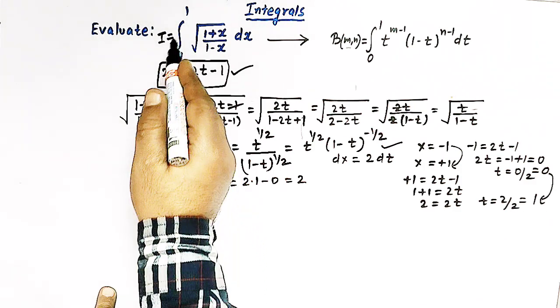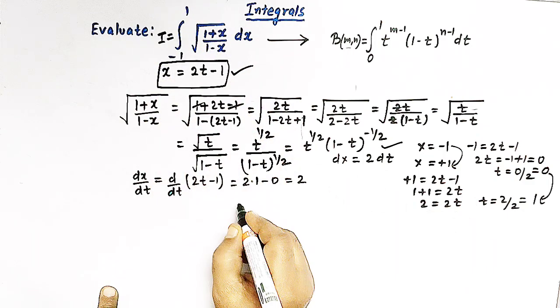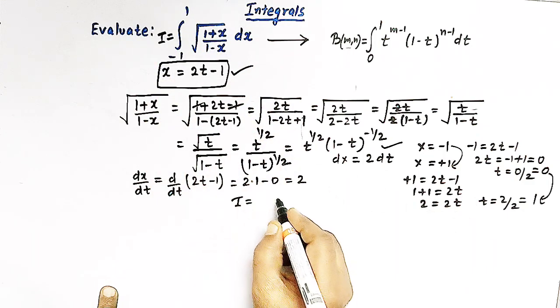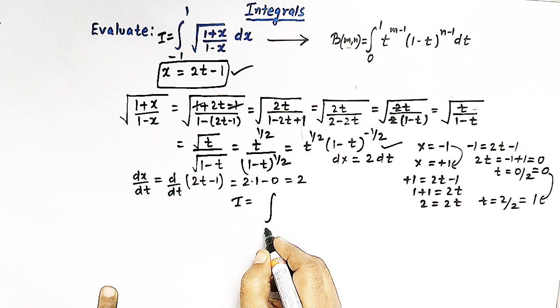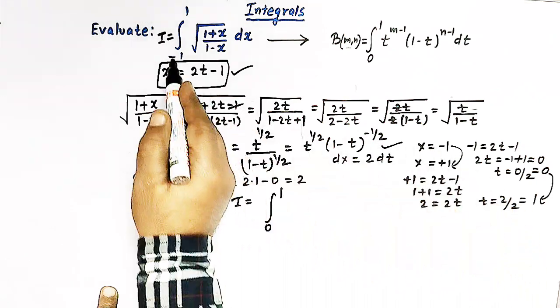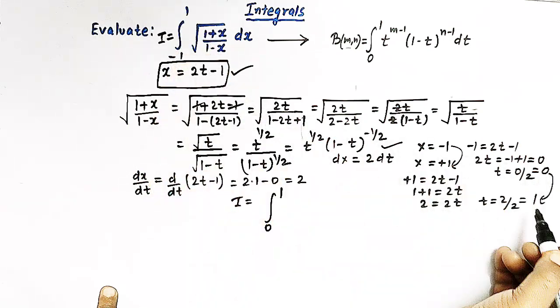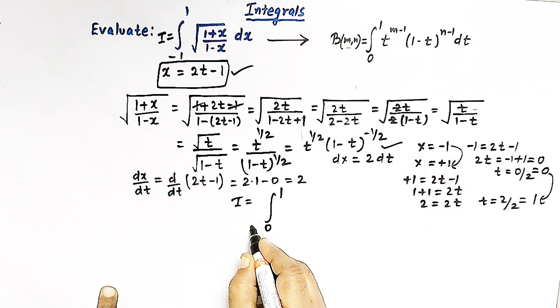So now let us write this integral in terms of t. So we can now write I is equal to integral from 0 to 1, because when x is minus 1, t is 0, and when x is 1, t is 1, right?